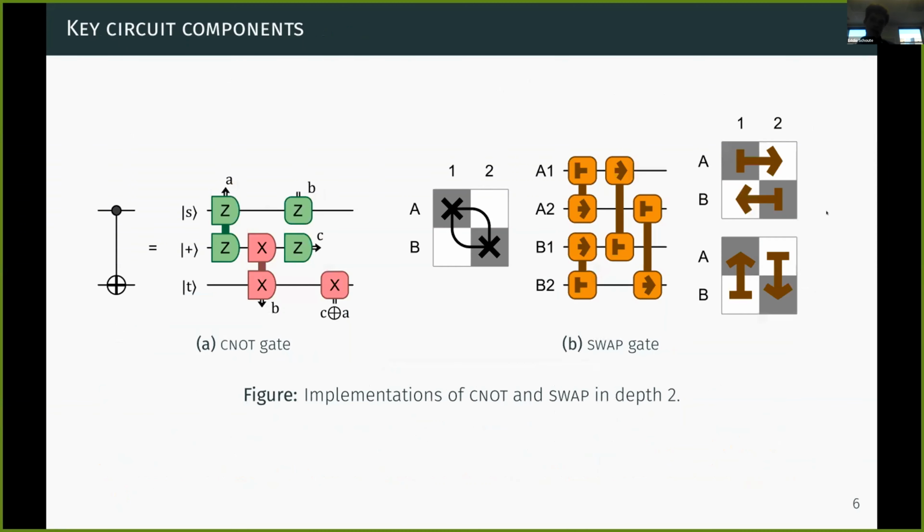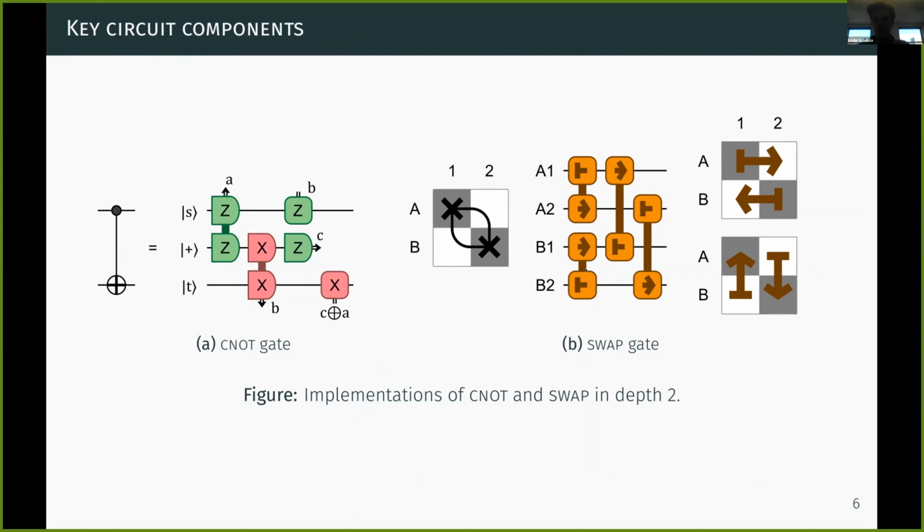These operations might be somewhat unfamiliar to you, so let me relate them to some of the key circuit components that you are more familiar with. For example, we can implement a CNOT gate with the following identity. If we have our source and target qubits and an ancilla patch prepared in the state plus, then this circuit will perform a CNOT operation between the source and the target qubit.